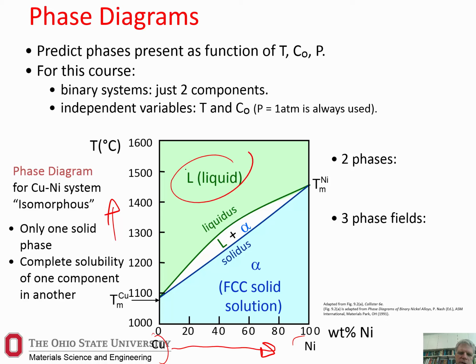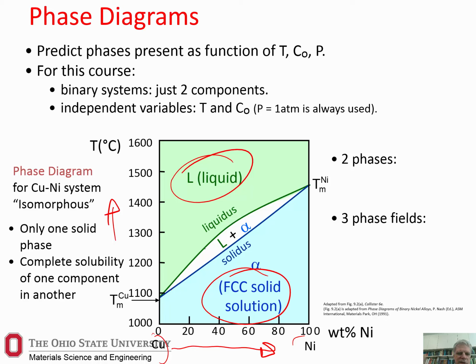If it's very high temperature, it's all liquid. If you have lower temperature, it's all solid. And in between, we've got this two-phase region. That's an interesting thing. It's this slushy zone where you've got metal, and you'd actually have in this a nickel-rich metal and a copper-rich liquid that end up fitting together.